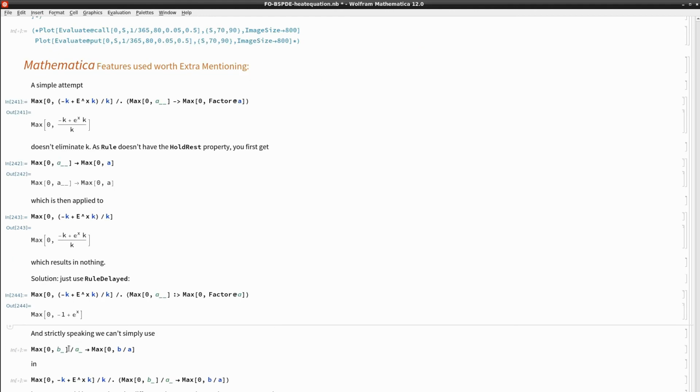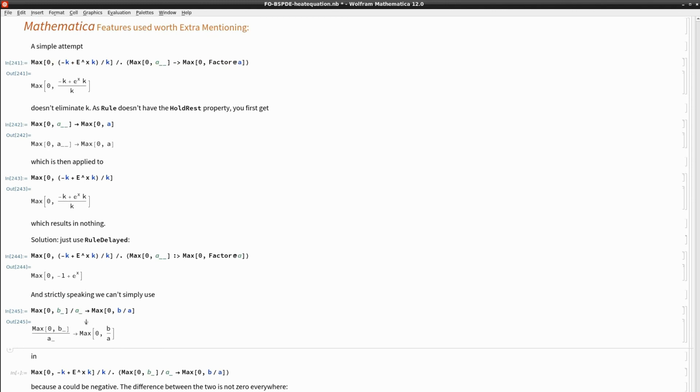And strictly speaking, we can't simply use the replacement rule that performs a division of a Max expression by another expression as performing that division inside the Max. We can't do that because we could have negative numbers.